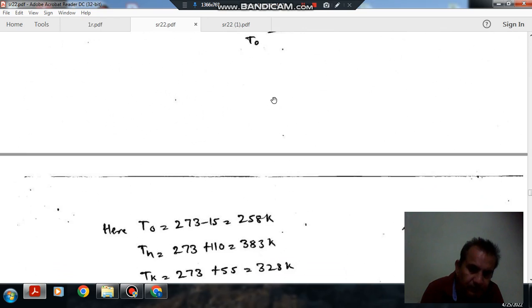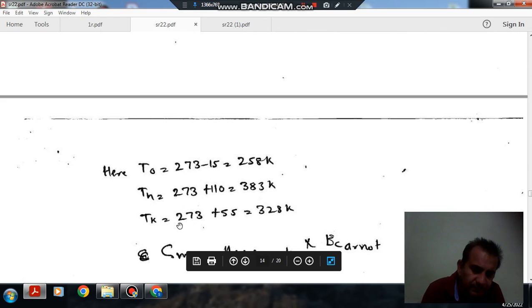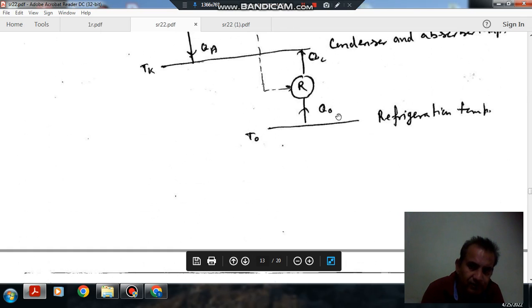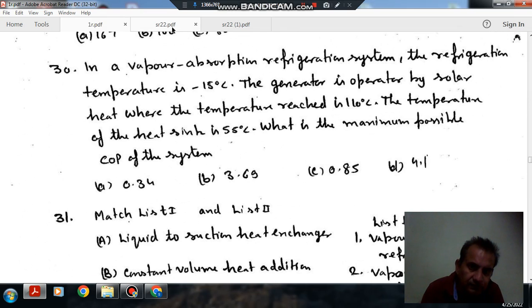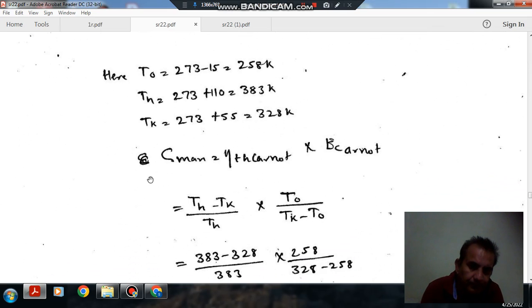So here the temperature is 55 degrees Celsius, or 328 Kelvin, and the refrigeration is required here, so the lowest temperature is minus 15 degrees Celsius, that is 258 Kelvin.